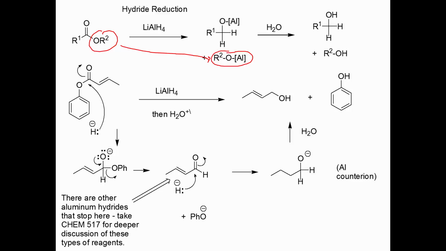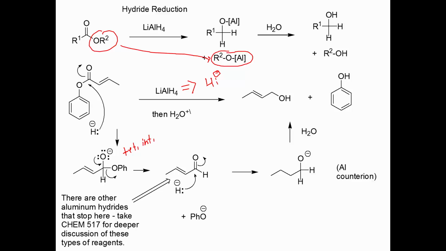Okay. All right, so lithium aluminum hydride. Again, we're going to take the creative license that lithium aluminum hydride is synthetically equivalent to H minus. So we're going to add hydride to the carbonyl group. We're going to get our tetrahedral intermediate.